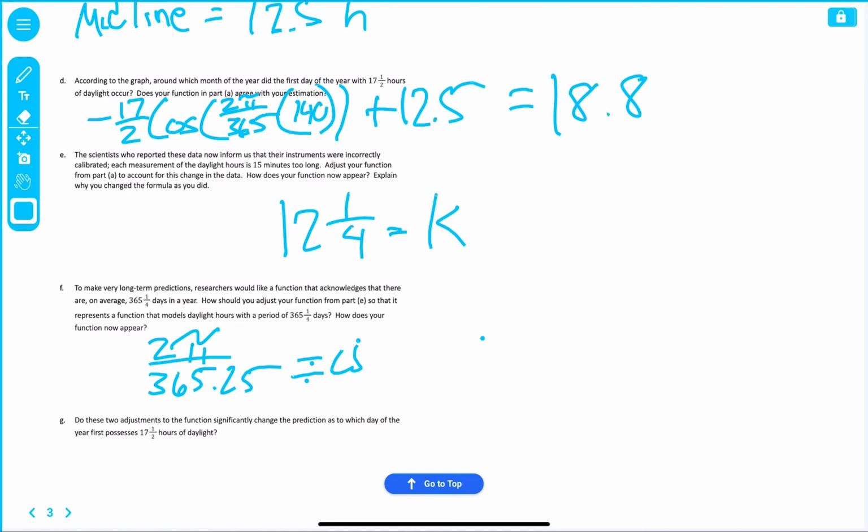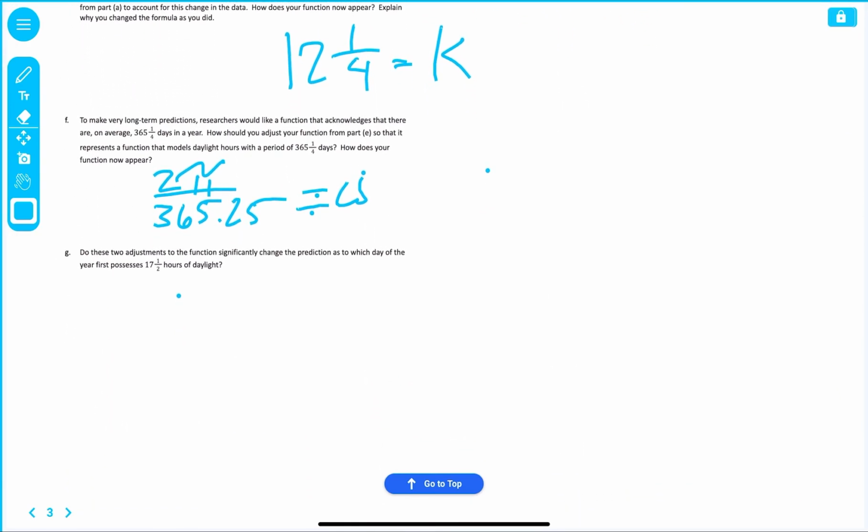It changes every time I do it. Plus 12.25. So I got 18.8 the first time. I got 18.7 or 18.6 this time. Didn't change it a whole lot. There wasn't that bad of calculations off, especially when we're predicting. So not much.